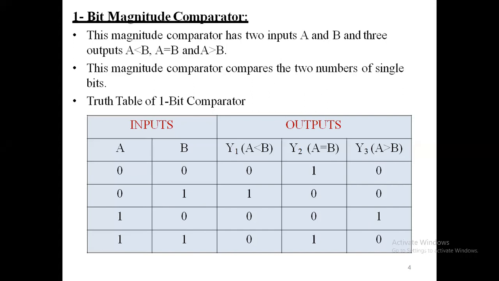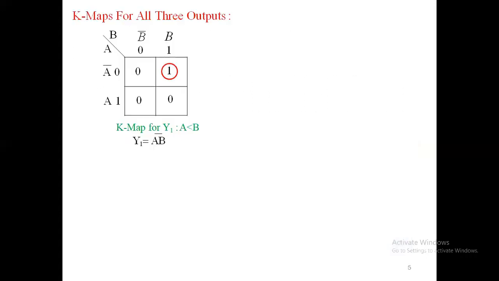After getting these tables, we will construct the K-maps for each output. Which K-map will it require: 2 variable, 3 variable, or 4 variable? 2 variable, because there are 2 variables.